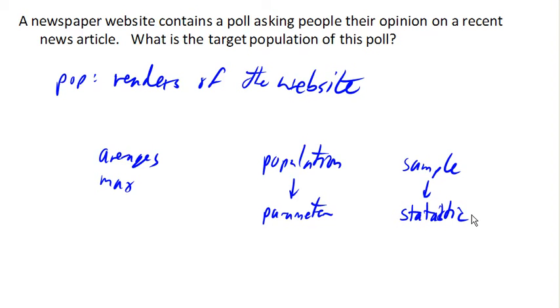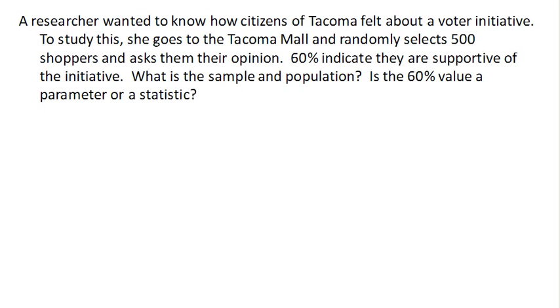So suppose a researcher wanted to know how citizens of Tacoma felt about a voter initiative, so they go to the Tacoma Mall and randomly select 500 shoppers and ask them their opinion. 60% indicate that they're supportive. What is the sample and population? So our sample here is the 500 shoppers, right?